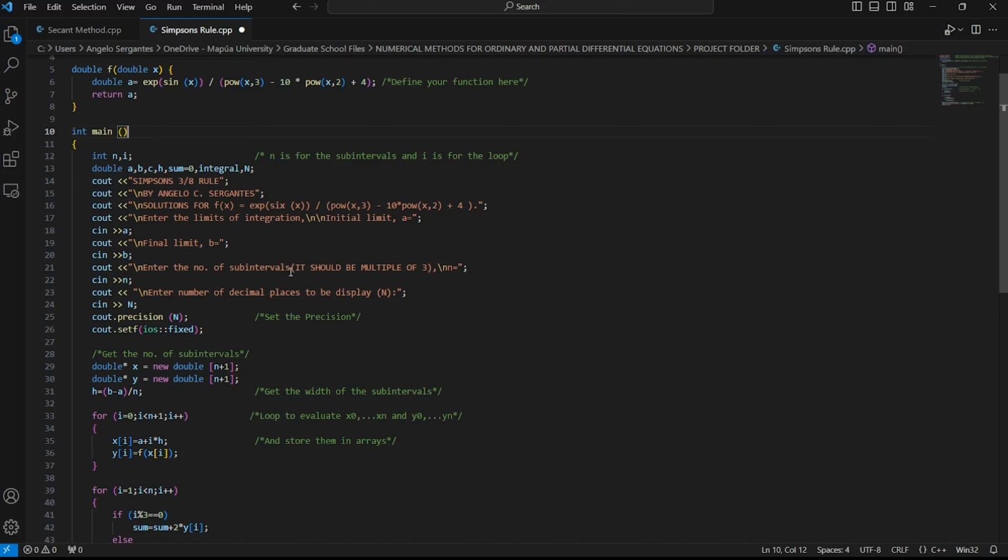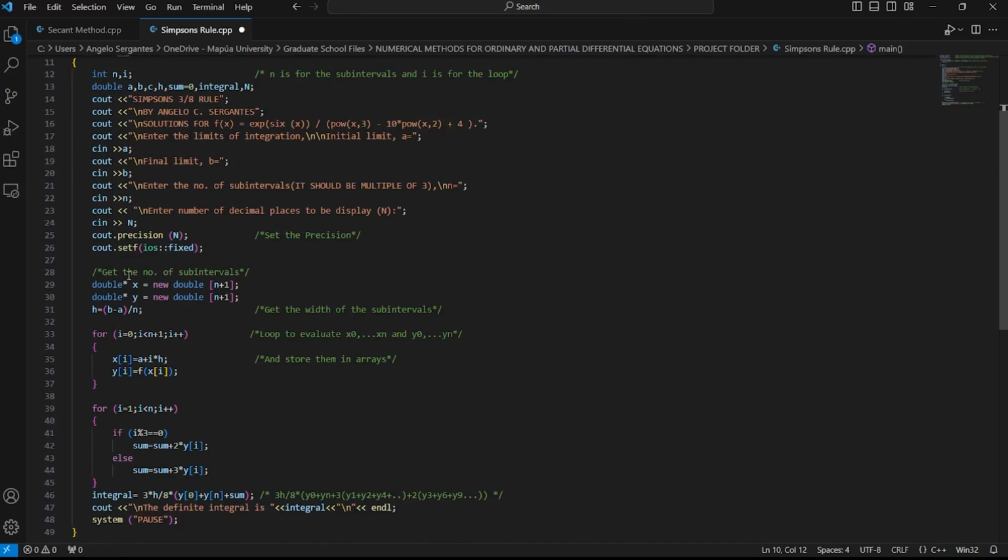Then the number of intervals should be a multiple of 3. The last part to be entered is the decimal places that the user wants for presenting the answer.